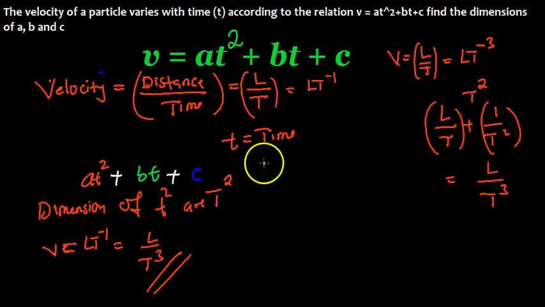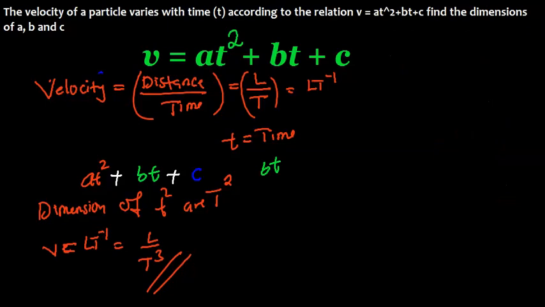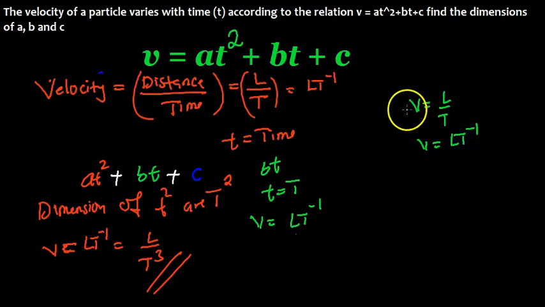What about BT? In the case of BT, the dimension for time is also T, capital letter T. To match the dimension of velocity, which is given as LT minus 1, let's take the first one.